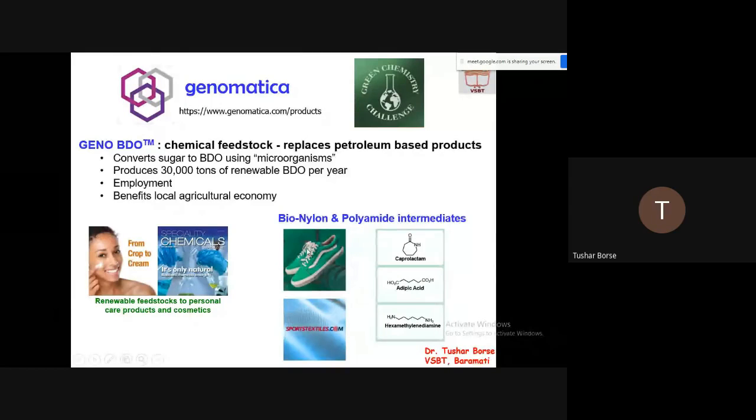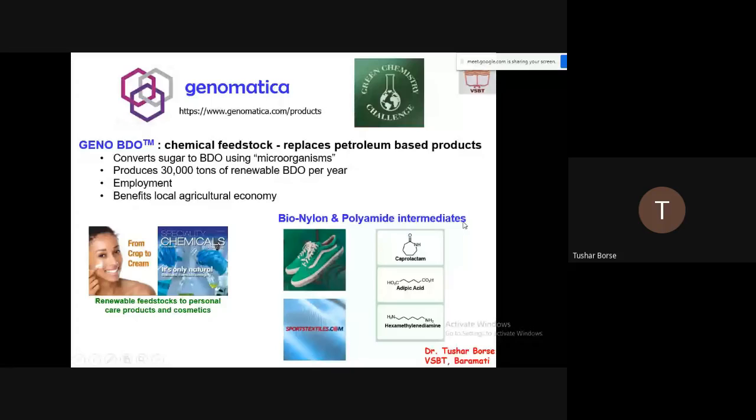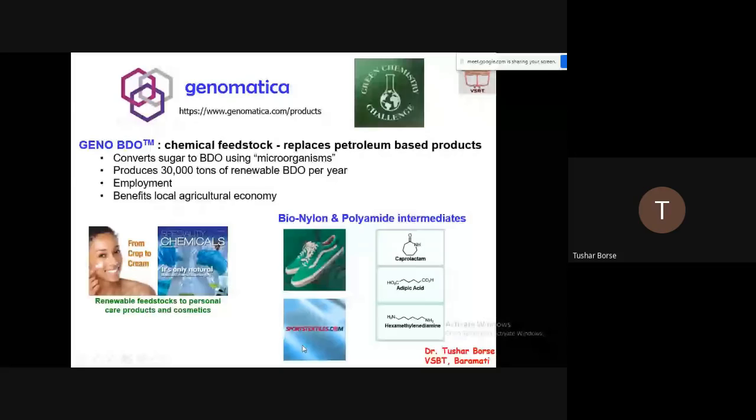The same way they have made some bio nylon, okay, and some polyamide intermediates. So this bio nylon has been used for making shoes or clothes, in the textile industry, and the polyamide intermediates can have n number of applications for humankind, fine.